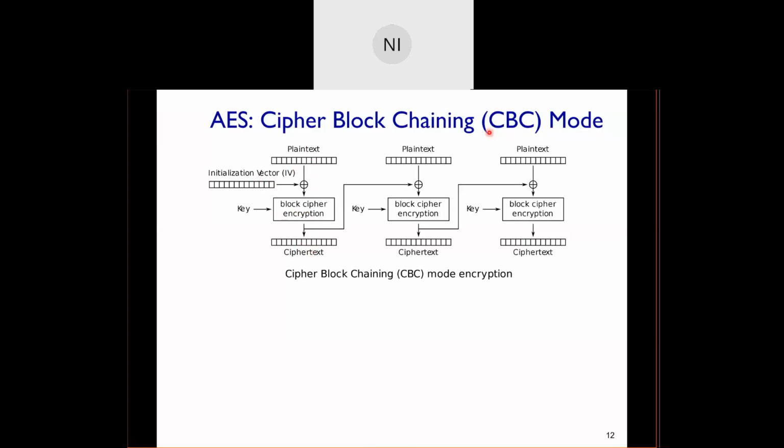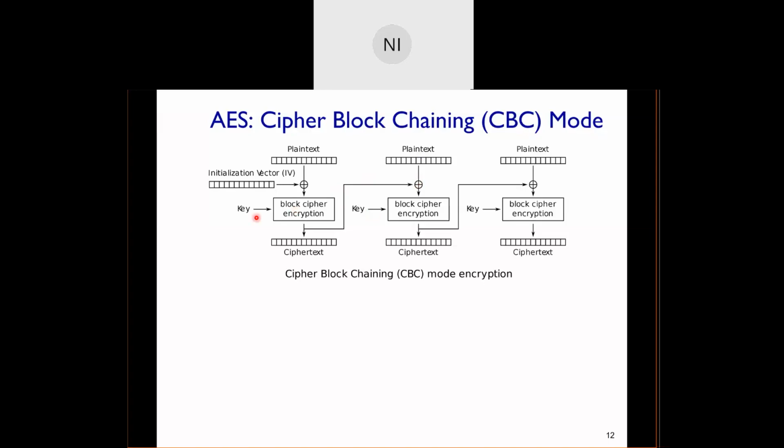But when you are encrypting the second block of 128 bits, you don't use the same initialization vector. Rather, you use the ciphertext that is generated as the output of the previous encryption process while XORing the second plain text that you want to encrypt.